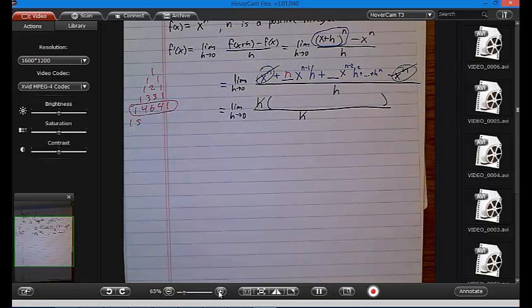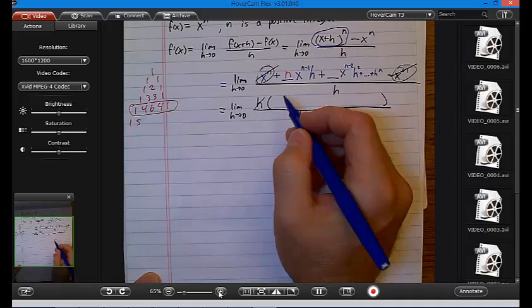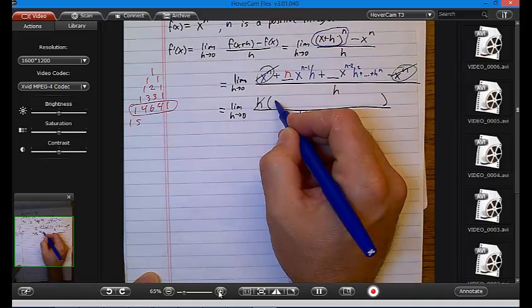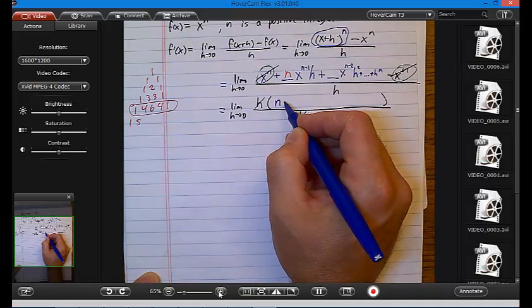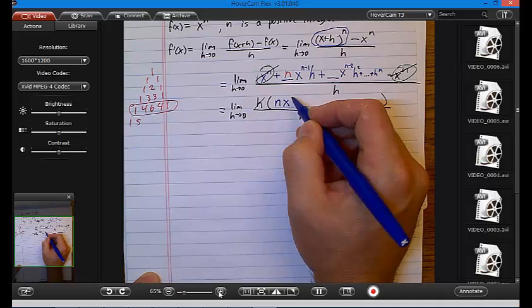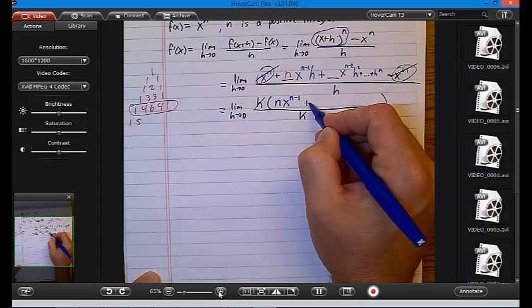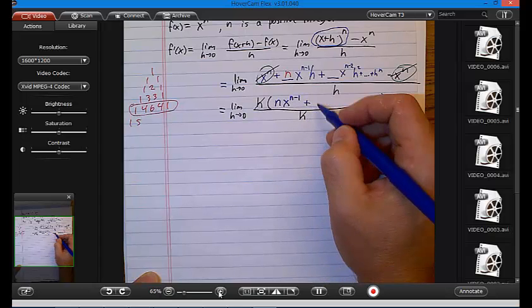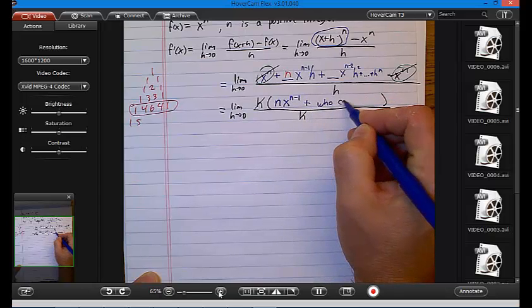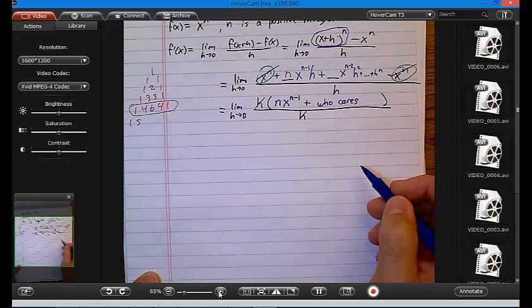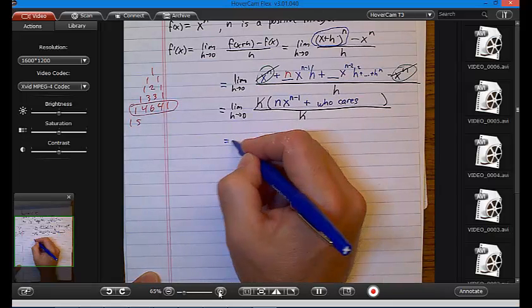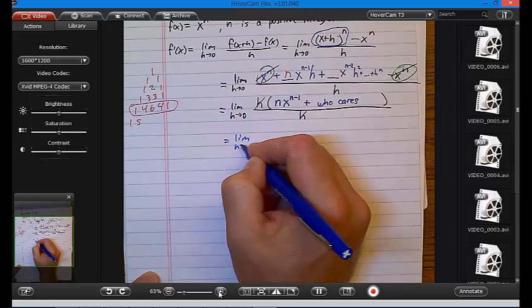Now here's my question. What is left in the parentheses right there? Well, what's the first term going to be? N times x to the what? N minus 1, good, plus, who cares? And the reason I say who cares is this. What are we about to do next?